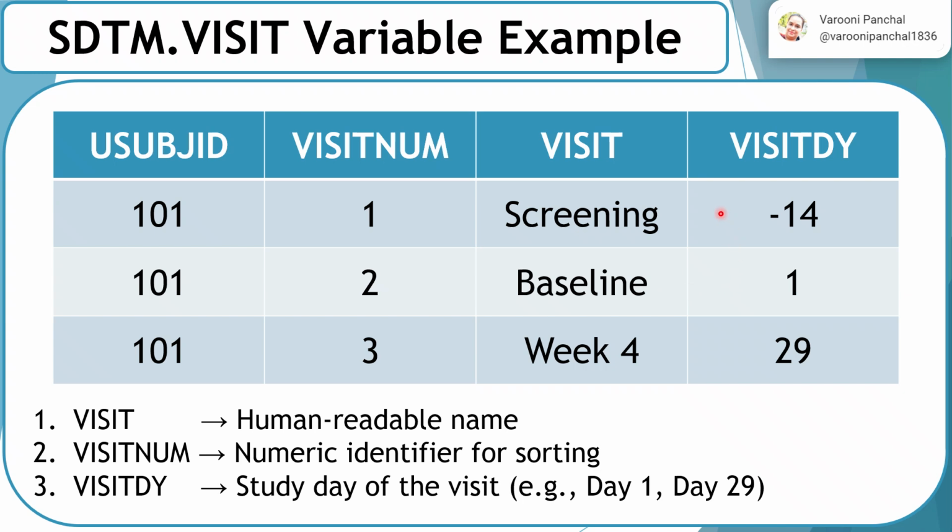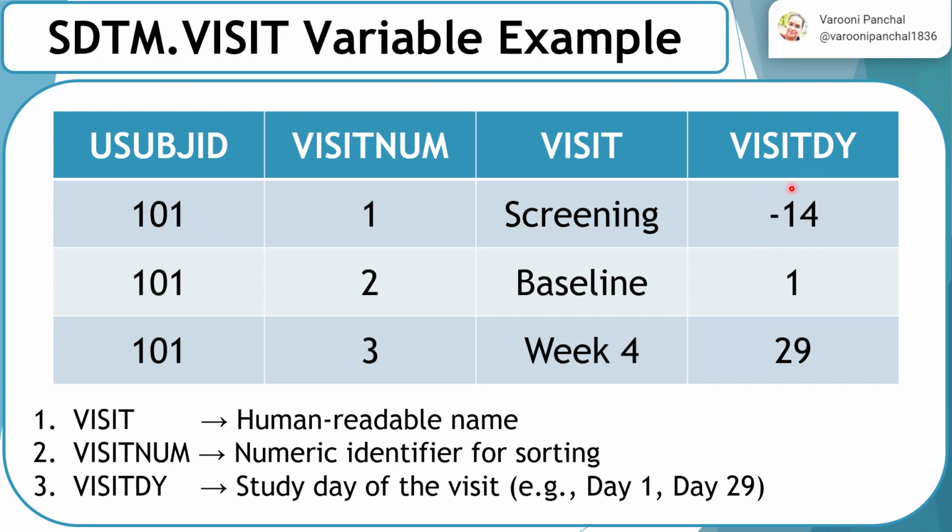Now remember one thing, whenever a particular patient is screened in a specific clinical trial study, it normally takes 10 to 15 days or 20 days to reach the baseline value. Baseline is that particular visit where the treatment was given, but the dose will start in the next visit, right? So the screening visit is minus 14.